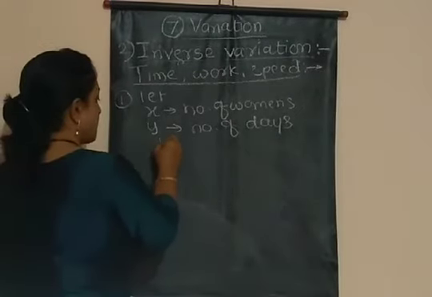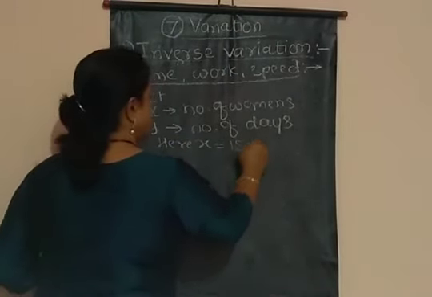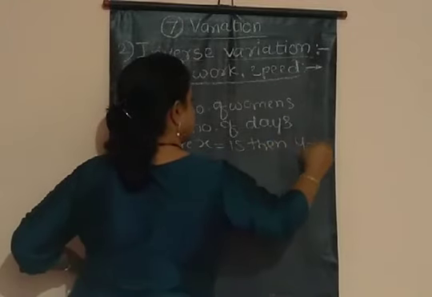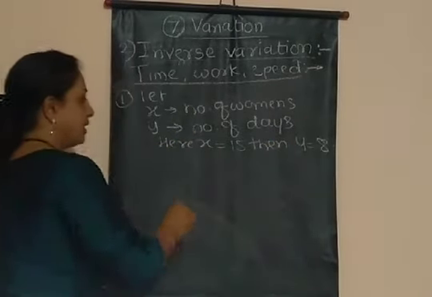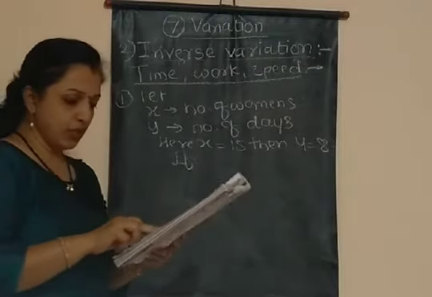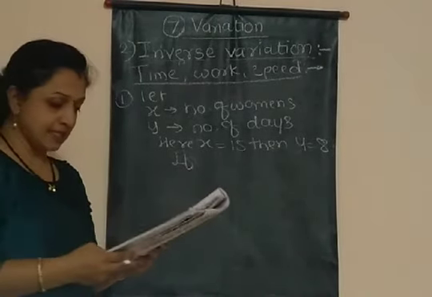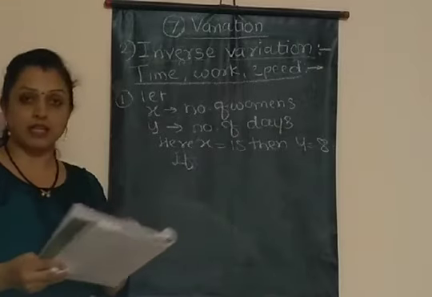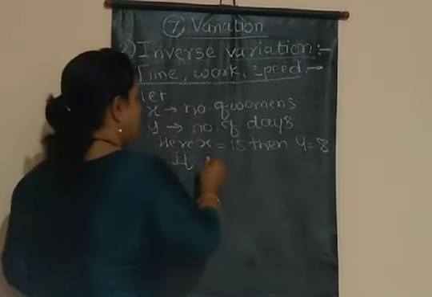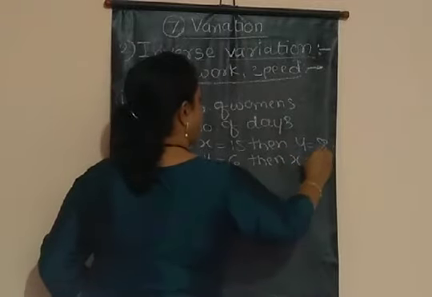So here x is equal to 15, then y is equal to 8. Then if y is equal to 6, we have to complete that work in 6 days, then how many women are required? It means y is equal to 6, and we have to find the value of x.